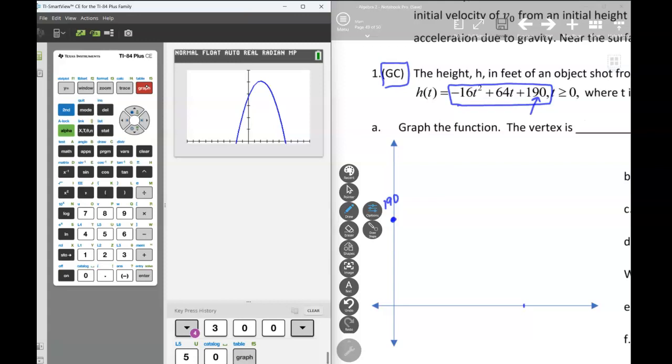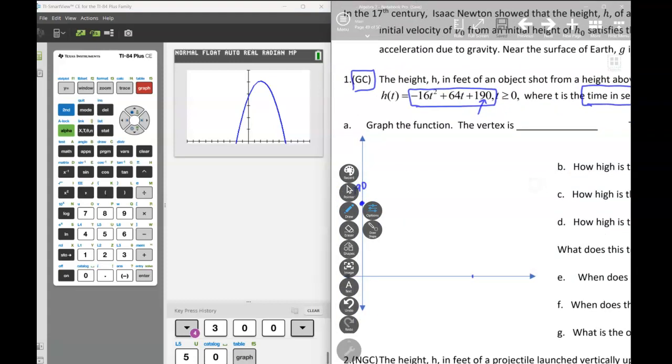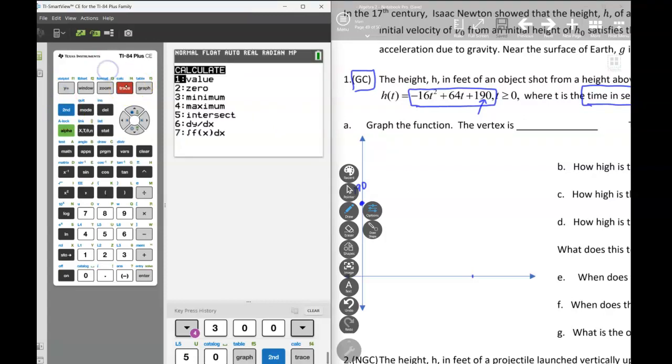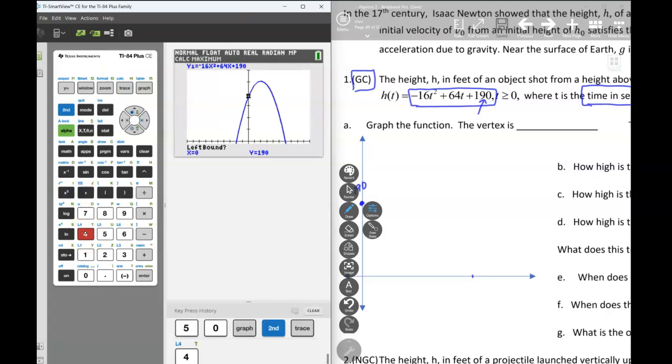Okay, at this point, the question says, graph the function, find the vertex. Is the vertex a max or a min? It is a max. Who remembers how we figure out the max on a graphing calculator? Second trace. Good, Cooper. Second trace. And it's a maximum, so what number? 4.